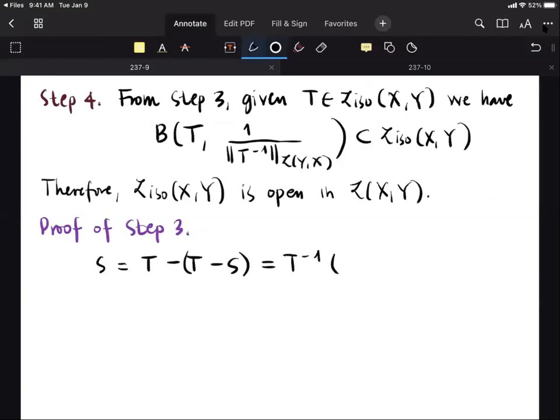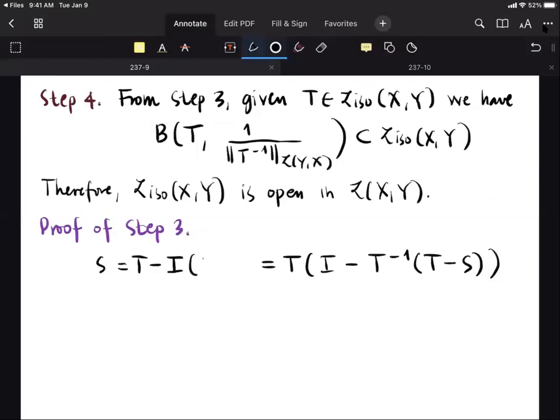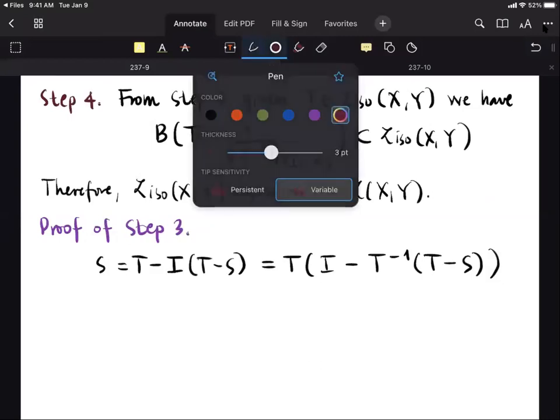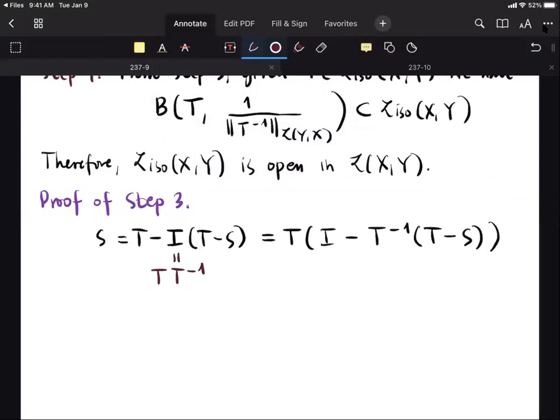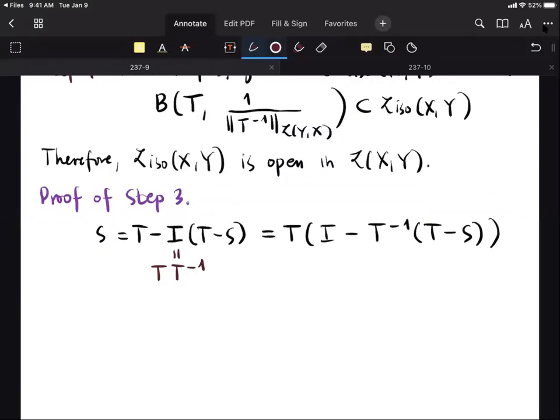So here we will have, first we factor T minus T inverse T minus S. Probably let us write this as T minus the identity times T minus S. And then you write the identity as T times T inverse, so that you can factor T on both sides.